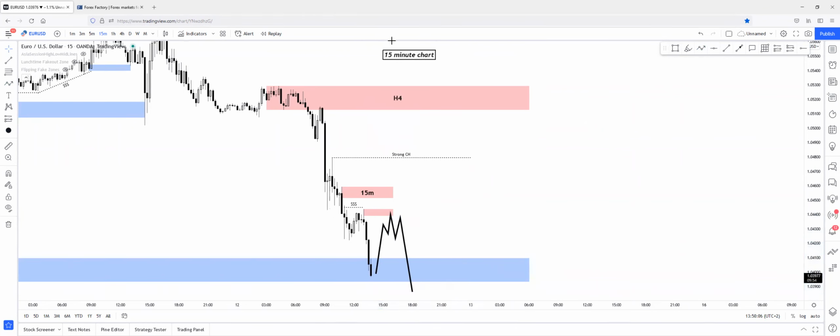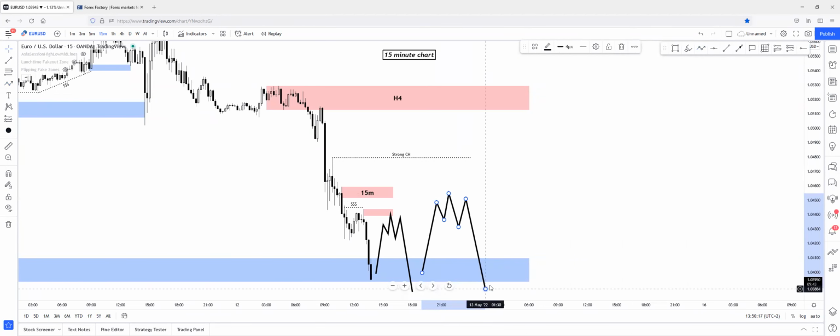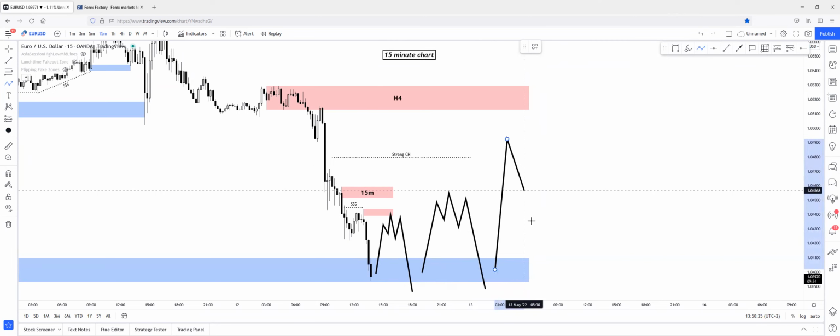Yeah, this is the first. Please mute yourselves, or I will mute you all. This is the first scenario. This is the second scenario, when price seems like it's breaking the low point without any pullback. And this is the third scenario.